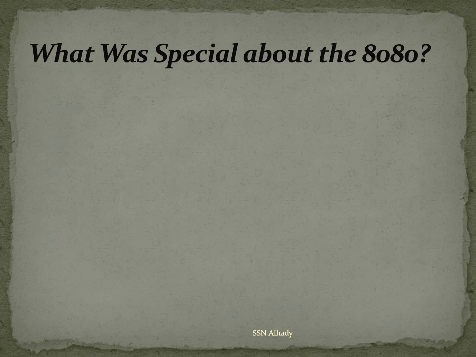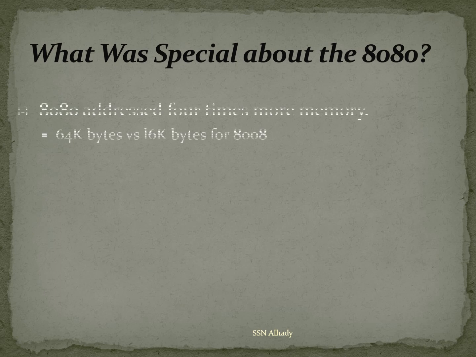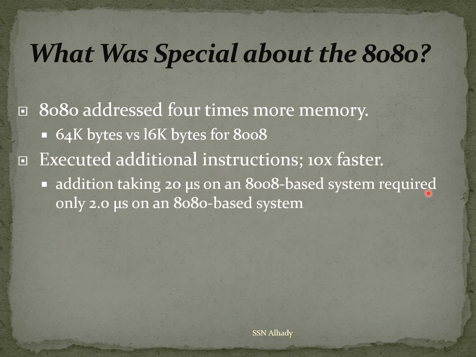So what is more special about the 8080? This is the feature: 64 kilobytes versus 16 in the 8008, and it executes addition instructions 10 times faster.